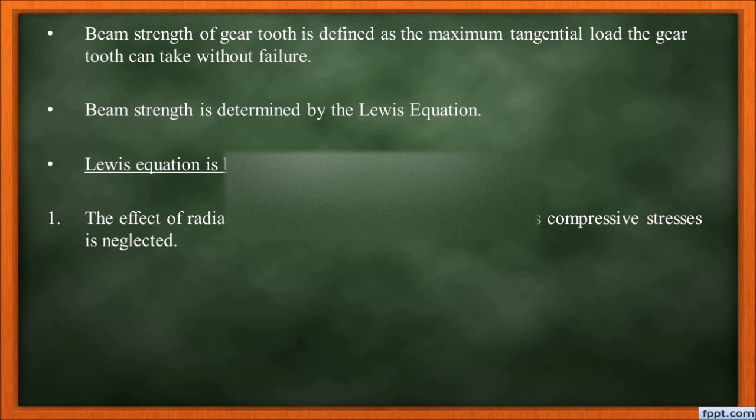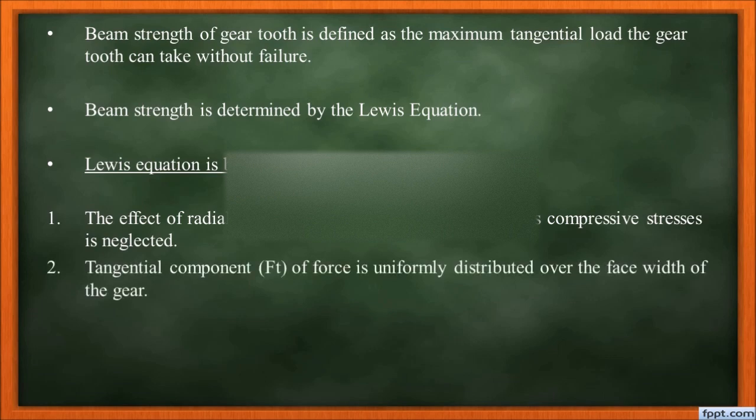For Lewis equation, there are some assumptions made. The first assumption, the effect of radial component of force, that is Fr, which produces compressive stress, is neglected. Second assumption, tangential component of force, that is Ft, is uniformly distributed over the face width of gear.